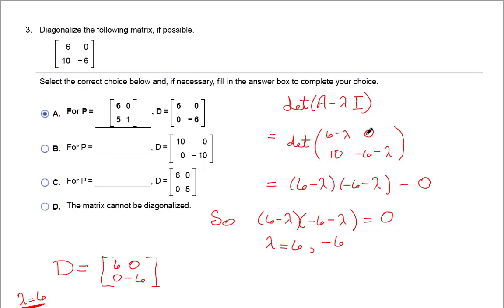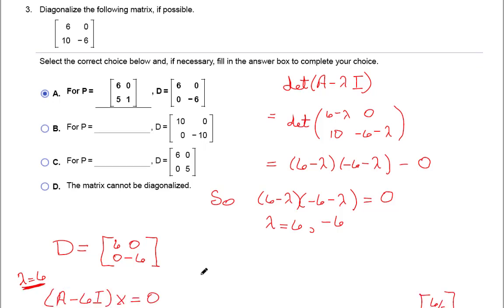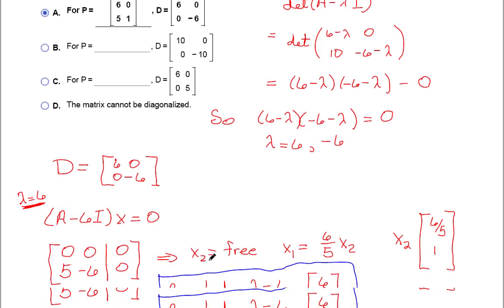The upward diagonal there is 0, so I get nothing from that. So it's already factored, equals 0. So I get answers of 6 and minus 6. Alright, so that's my D, my diagonal with the eigenvalues down the diagonal.